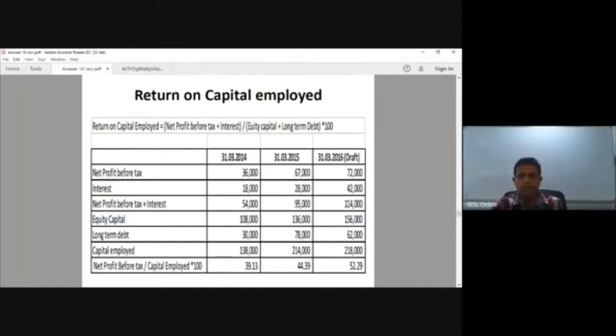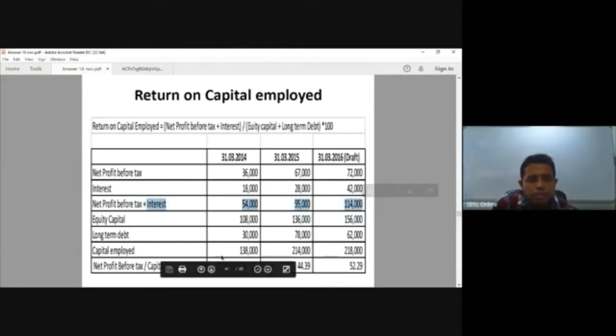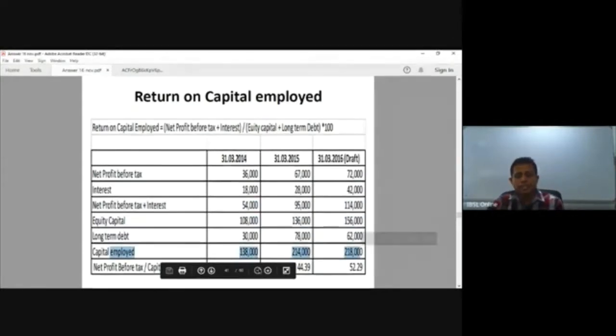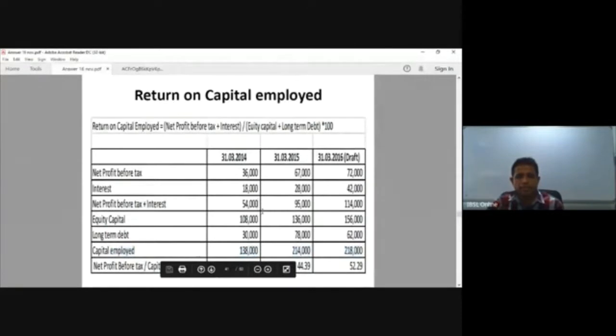No, 114 divided by 218 is 52%. No, all answers are correct. This 54, 95, 114 line should be divided by capital employed, right? Then you arrive at these figures: 39%, 44%, and 52%.